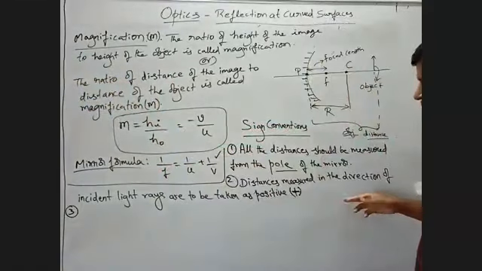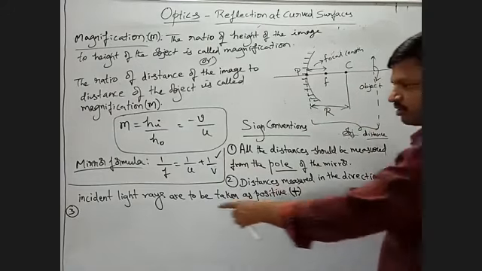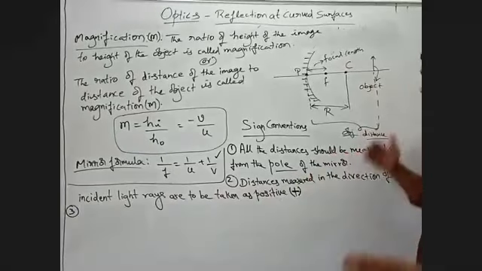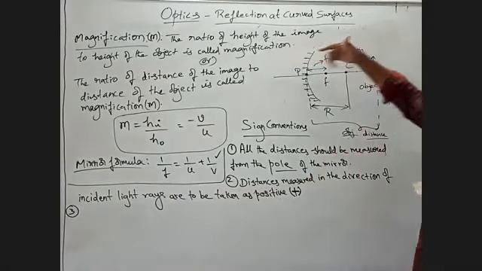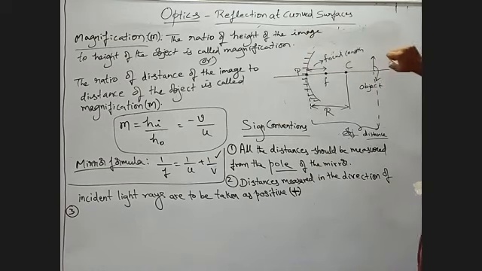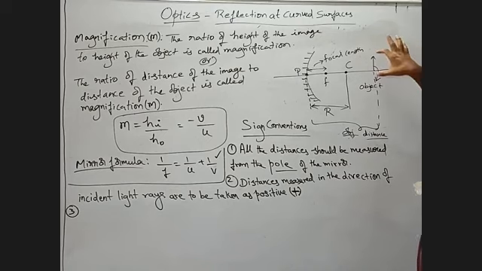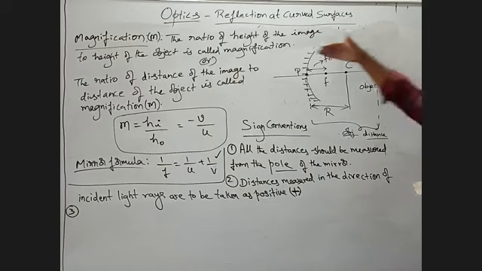Right. So here, coming to this point, what do we have? A distance measured in the direction of incident light. So incident light means the light rays which are coming like this. Suppose you keep a torch, or even if no torch is there, if the object is placed here, how should we think that the incident rays are passing in? It should be like this.